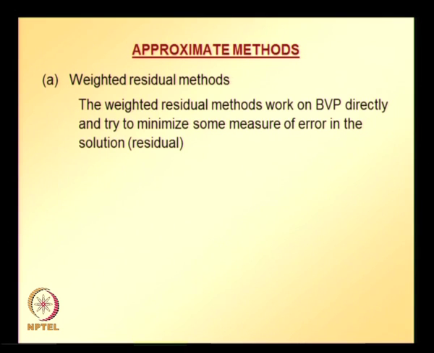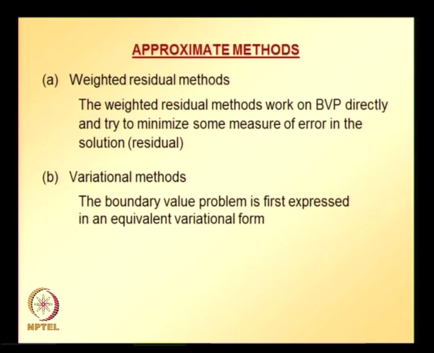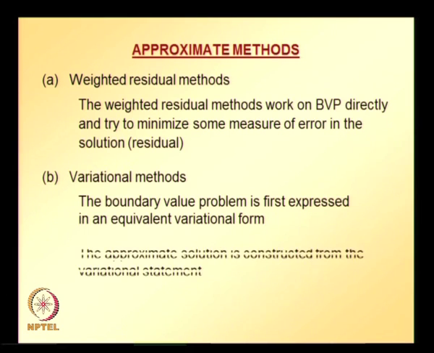The other category is variational methods. In these methods the boundary value problem is first expressed in an equivalent variational form or weak form, and the approximate solution is constructed from this variational statement or weak form.